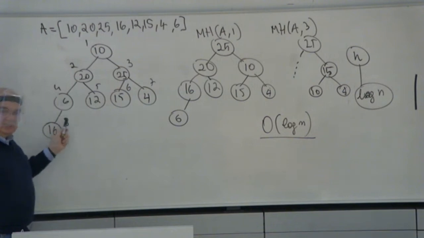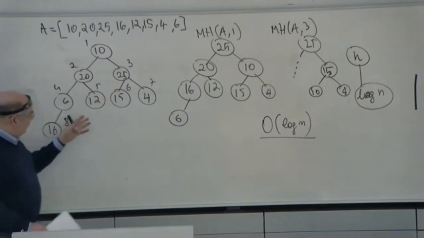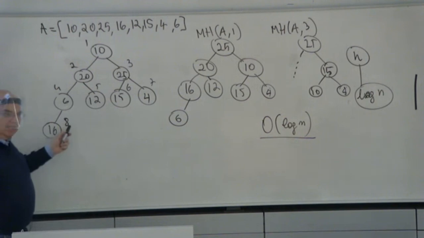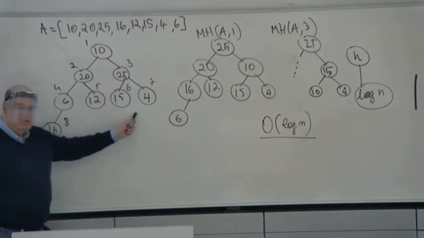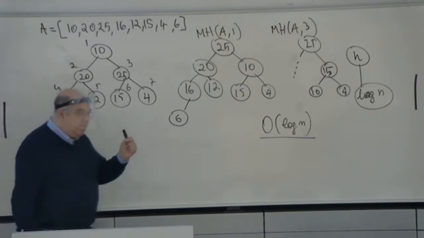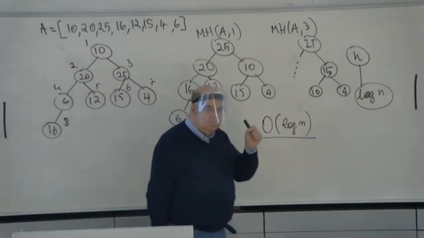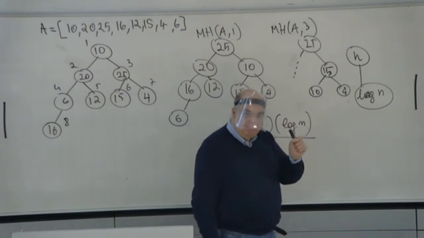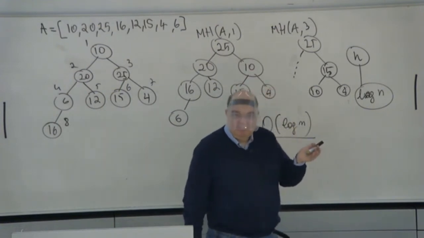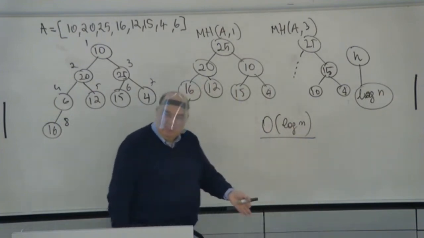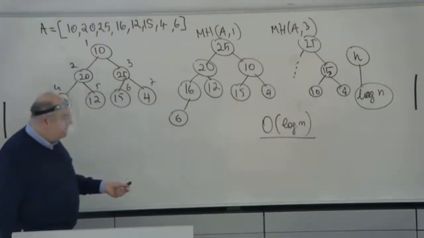Okay? Why does it say so? Well, because of the way the max heap is built, starting from 5 and going to the end, what you have is just leaves. So this is a leaf, this is a leaf, this is a leaf, this is a leaf. And any leaf, being a node with 0 children, is automatically a max heap, because it's greater than nothing. Any number is greater than nothing.